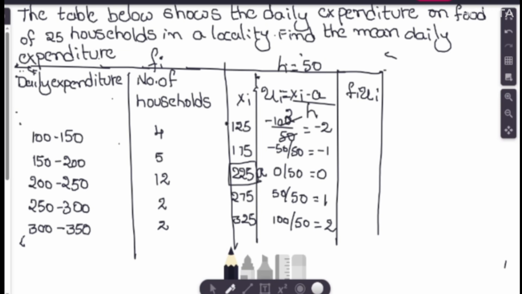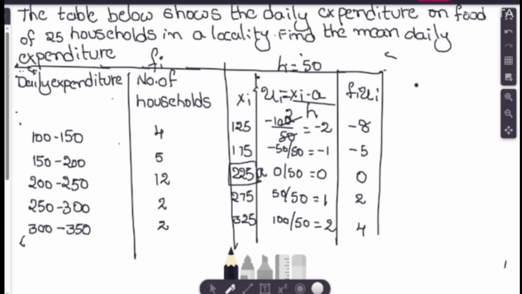Now multiply fi into ui. 4 into minus 2 is minus 8. 5 into minus 1 is minus 5. 12 into 0 is 0. 2 ones are 2. 2 twos are 4. So you have to multiply these frequencies with ui. Then add all these observations in this column. Some numbers have the minus symbol, some have the plus symbol.